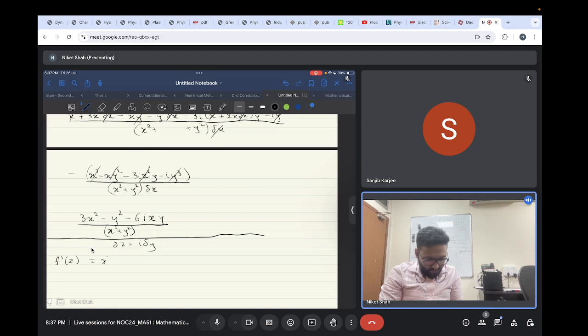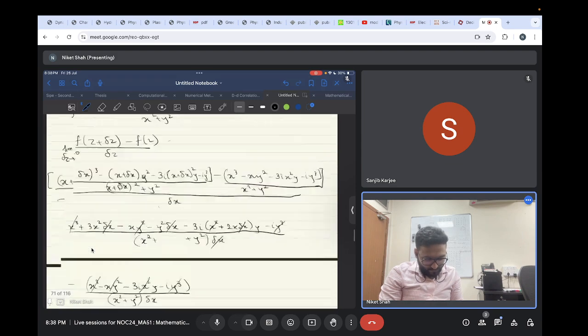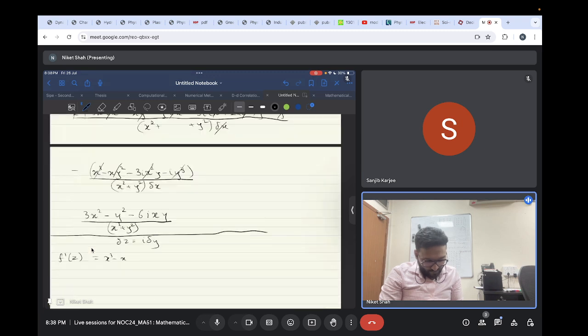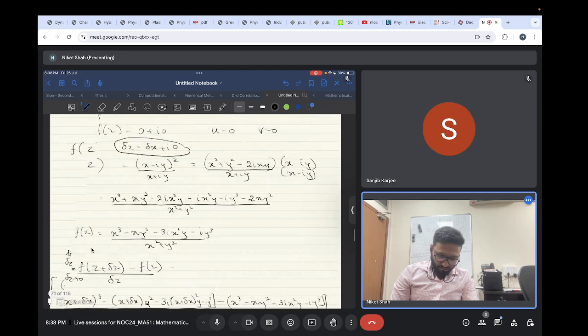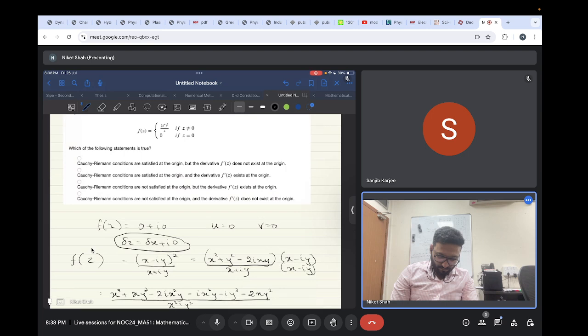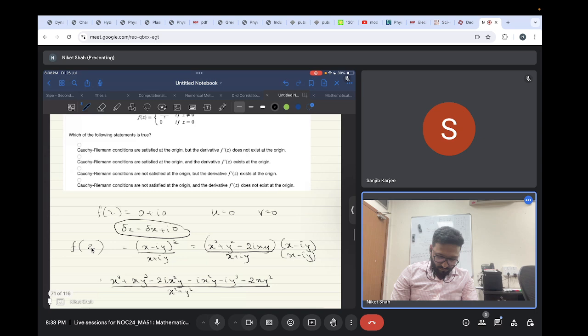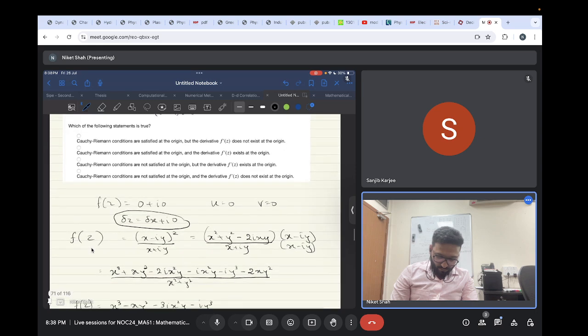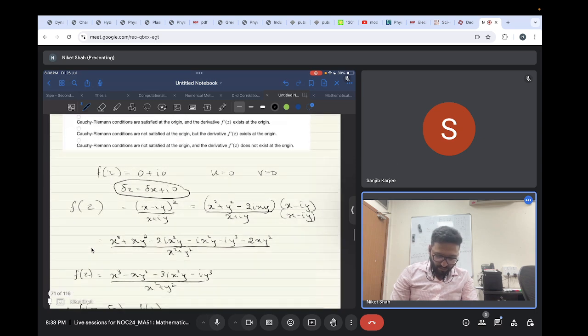So x cube minus x into y square, which is y plus the approach direction is this, but I'm just taking y like that only, yes.